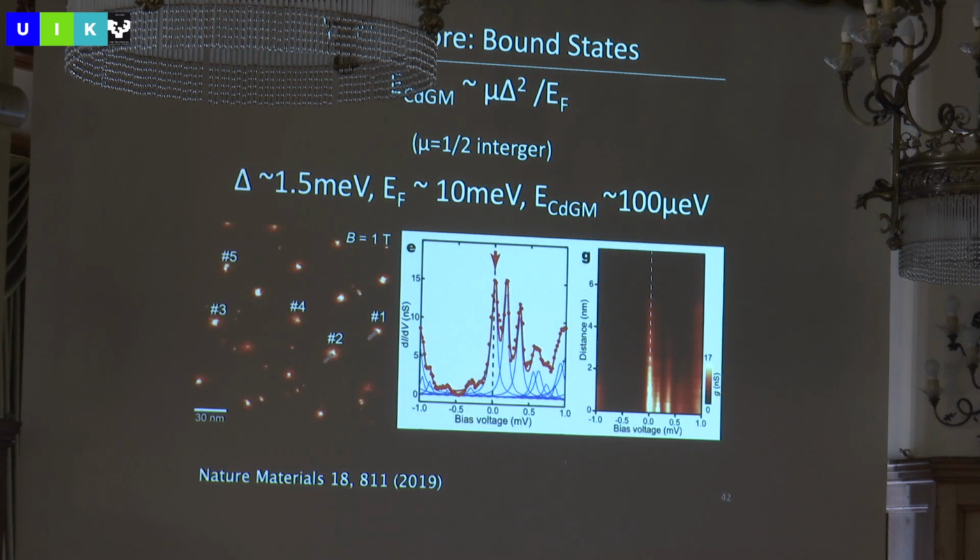So we didn't do this work. This work was done by Hanaguri in Japan, at RIKEN. They did some very, very careful measurements at very low temperatures, I think about 40 millikelvin, right? And their resolution was really very, very good. What they were able to show is that they see a zero bias peak, right? This is zero. And then this next state right here is actually at 100 microvolts.